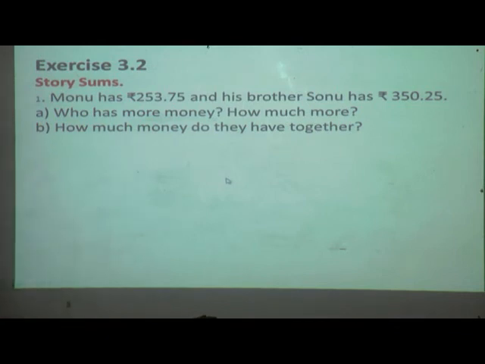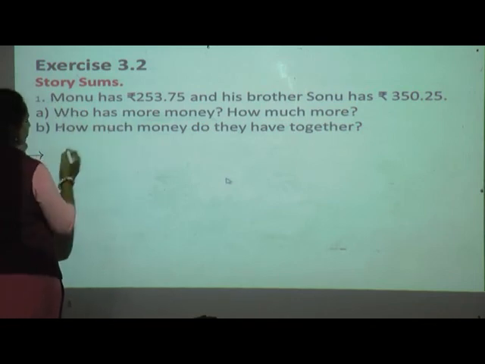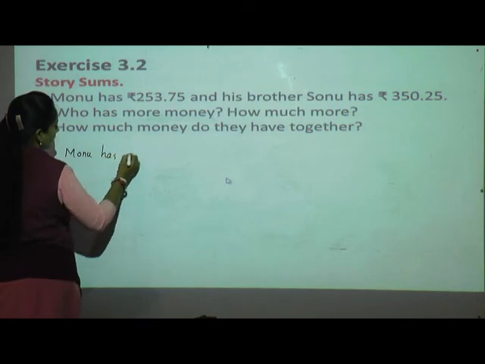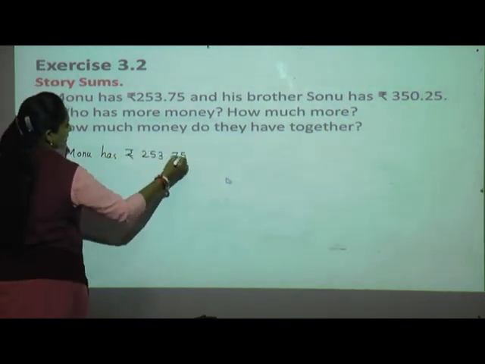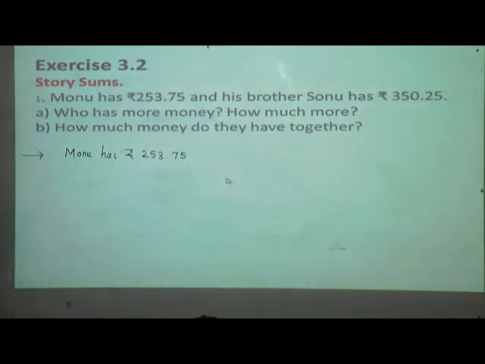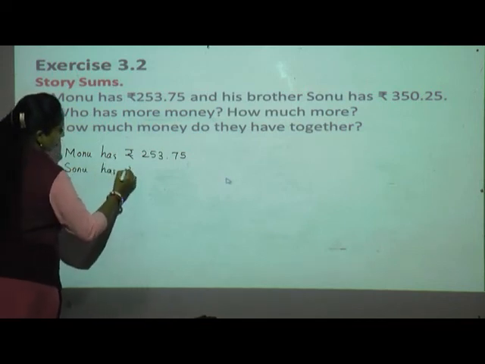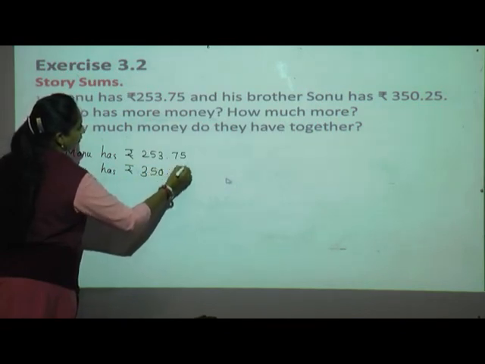So first, whatever the given information is, we will write. Now what is the given information? Monu has rupees 253.75 paisa, and Sonu has rupees 350.25 paisa.